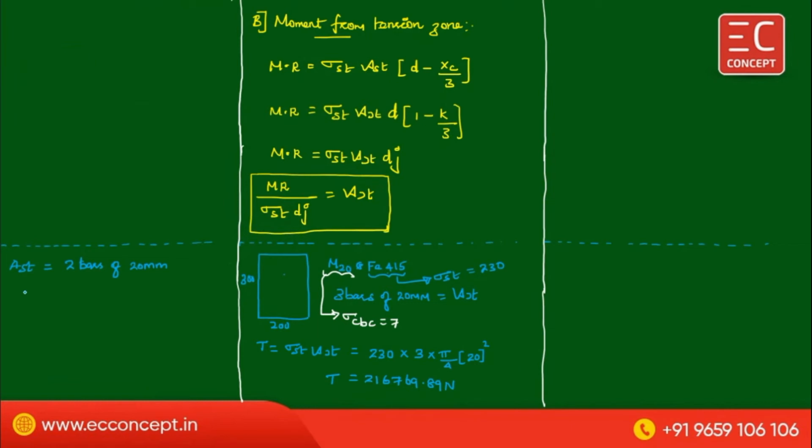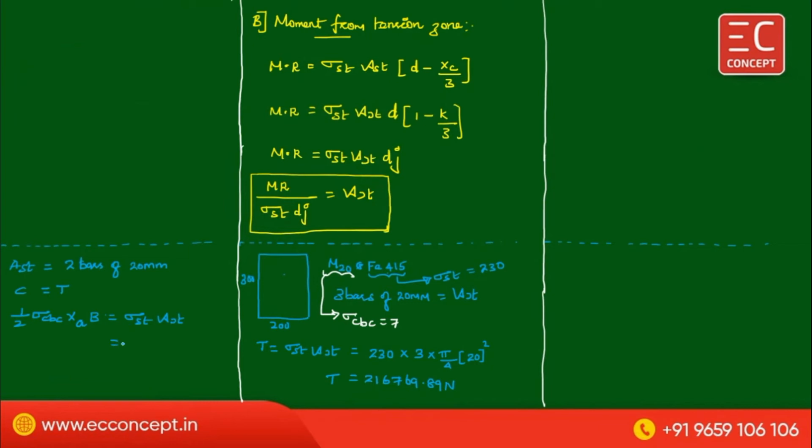Now, compression is equal to tension. We know that, so here also we maintain the equilibrium. So 1 by 2 sigma cbc into Xc into breadth. Here not Xc but Xa, the actual case. In the actual case, Xa into breadth is equal to sigma st into Ast.